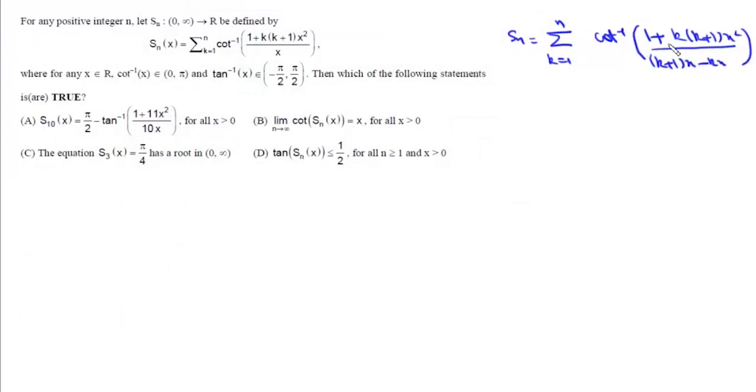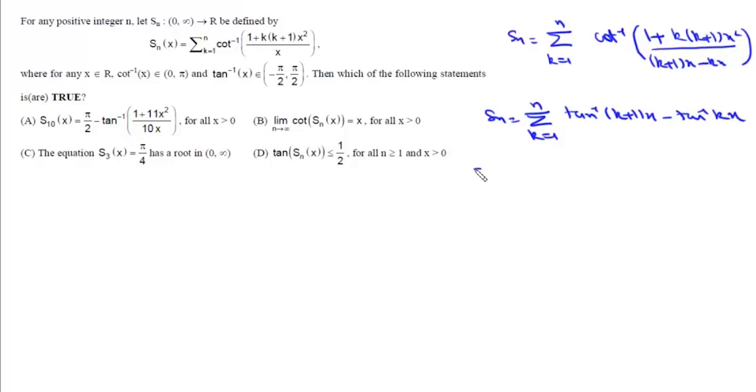Now if we take its reciprocal, we can write it in terms of tan inverse, and we know that tan inverse x minus tan inverse y is tan inverse x minus y upon 1 plus xy, so it is tan inverse k plus 1x minus tan inverse of kx.